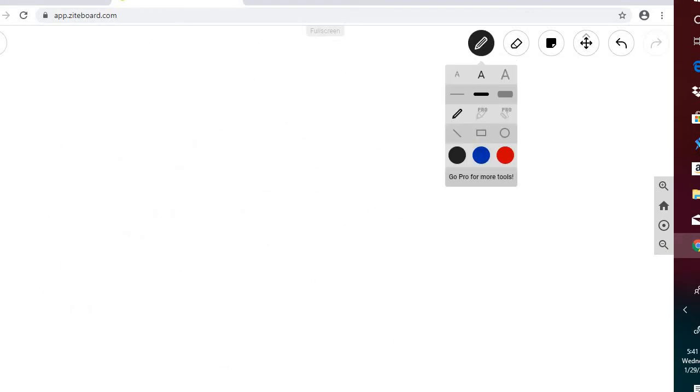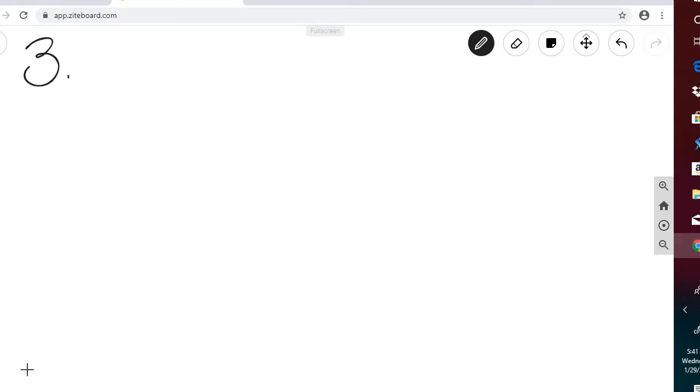Okay, number 3. A balloon contains 149.6 liters at a pressure of 567 torr. If the temperature stays constant, what is the volume?